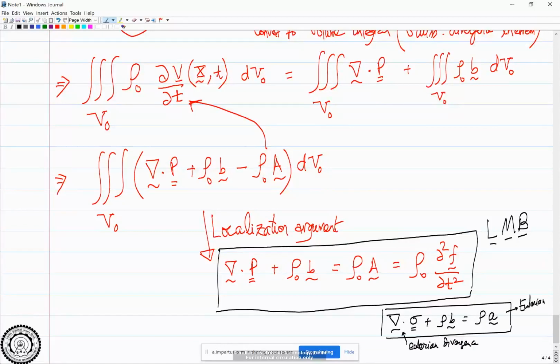Unlike the mass continuity, here the form is similar. It's just that in Lagrangian you have first Piola-Kirchhoff, and in Eulerian you have Cauchy stress tensor. You see so neatly the Lagrangian form has got rho naught.